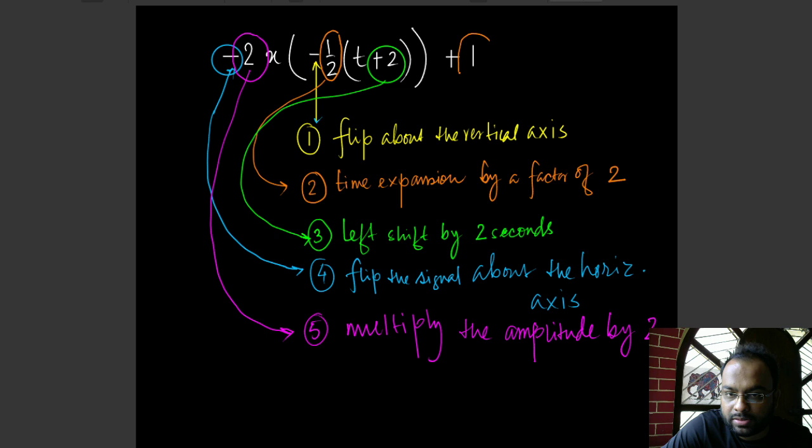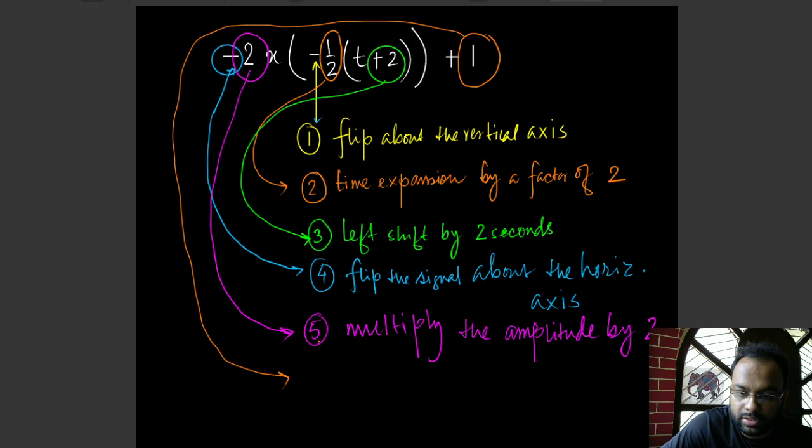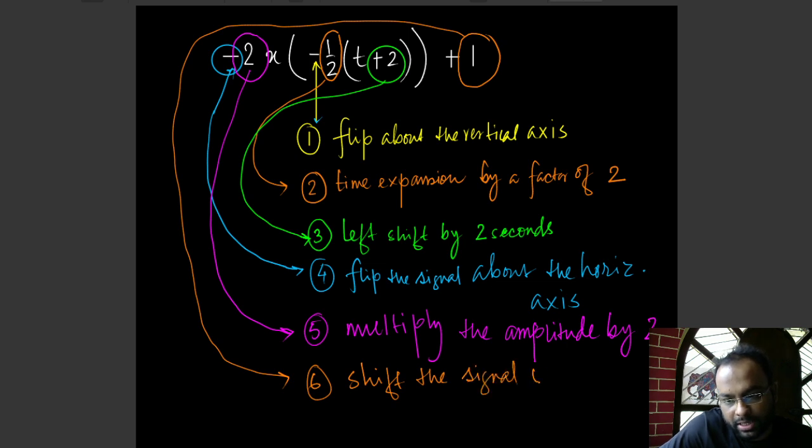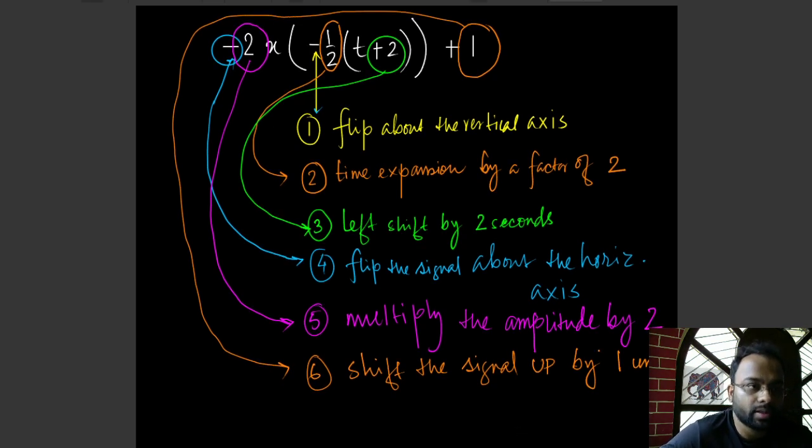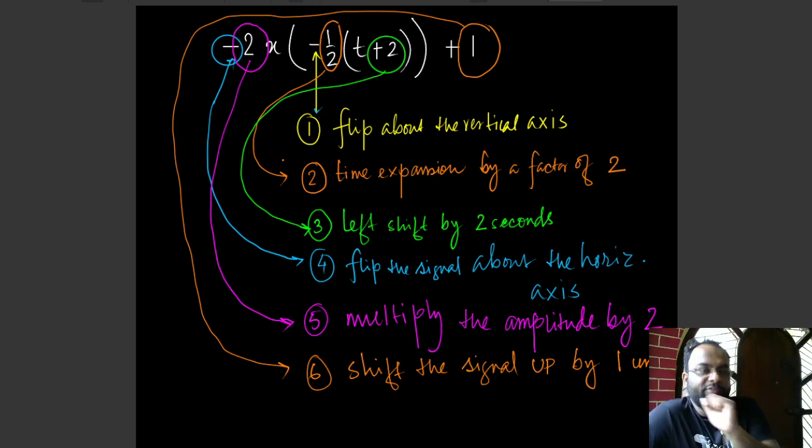And then we have this 1 here, which means that's our step 6. Shift the signal up by 1 unit, right? So those are the steps. That is how you get from x(t) to this. So please let me know if you can follow all the steps.